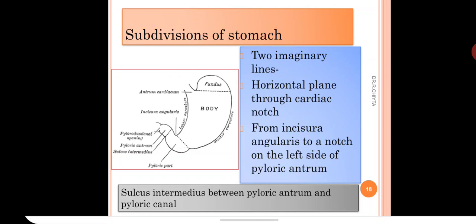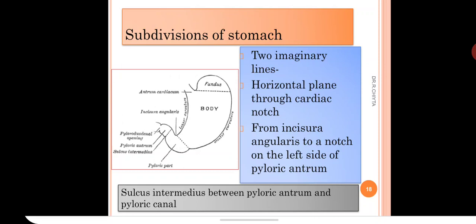Subdivisions of the stomach: you have to draw two imaginary lines, one horizontal plane through the cardiac notch and another line from the incisura angularis to a notch on the left side of the pyloric antrum. So the stomach is divided into three parts: fundus, body, and pylorus.